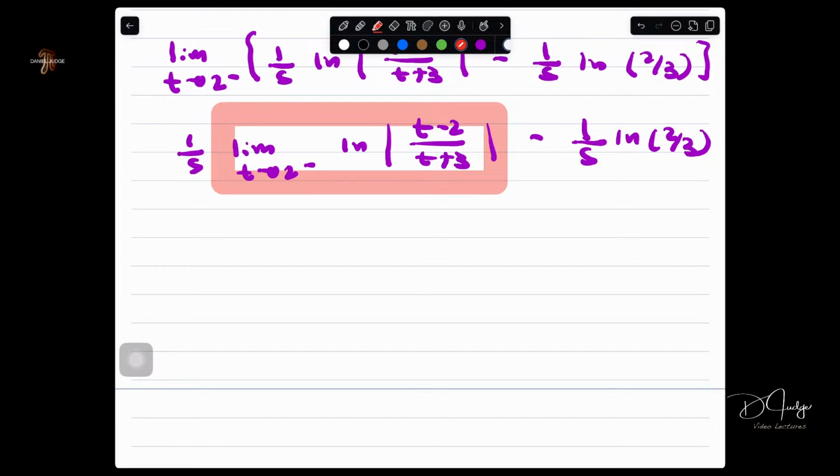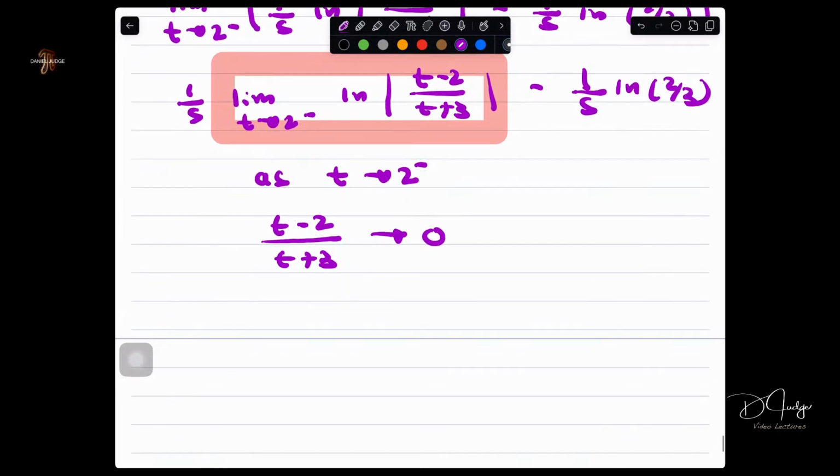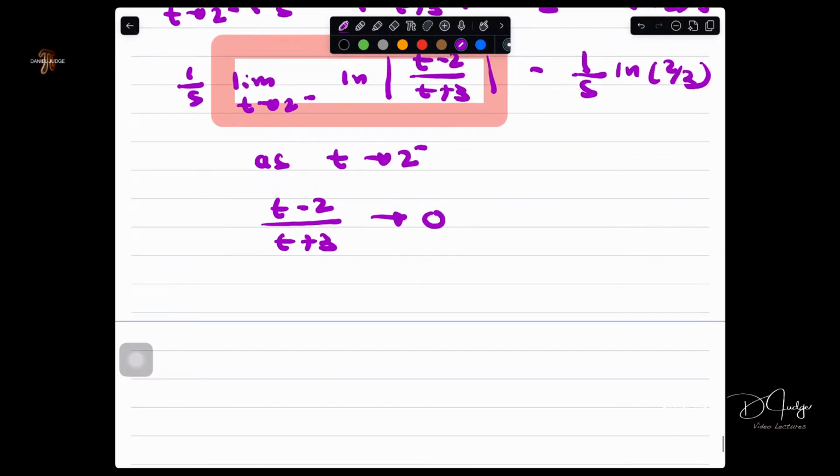Okay. So what we need to know is this. As t goes to 2 from the left, the quotient of t minus 2 over t plus 3, this is going to go to 0. Okay? And going to 2 from the left means t is less than 2.